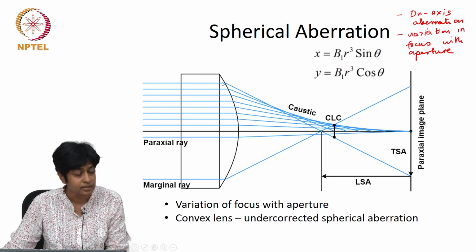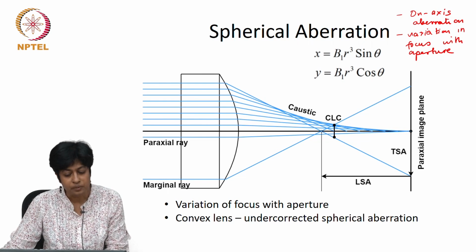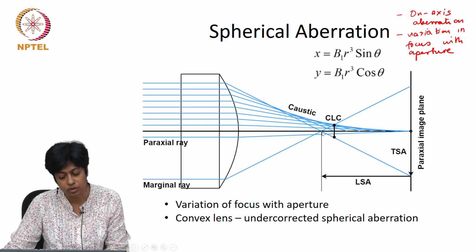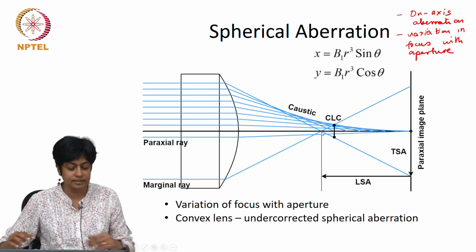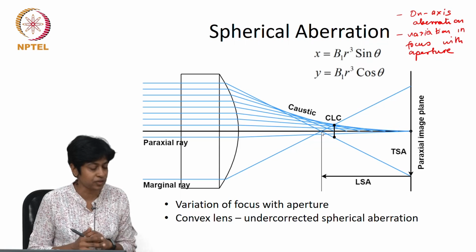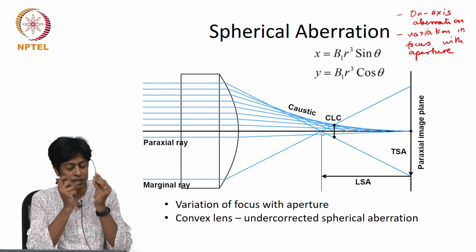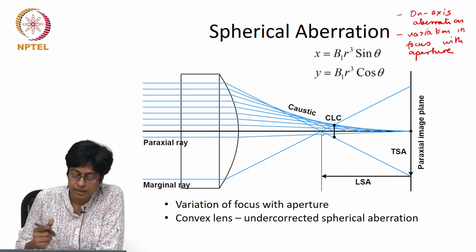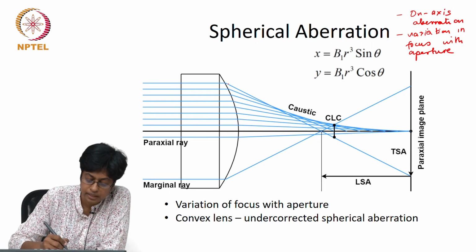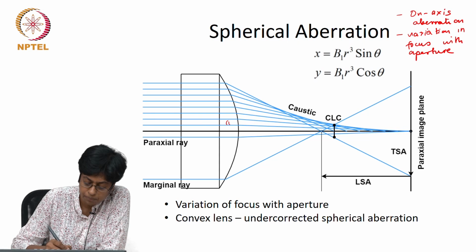As you go further and further away, so you go to this ray and so on, and you go to this ray, this is the topmost ray, and you can see this ray is coming to focus over here. So it's been exaggerated in this figure. The spread may not be this large, but this has been exaggerated to clearly show you that the rays coming from up here, so this ray, let's say this we call ray number 1, and let's say we call this ray number 10.